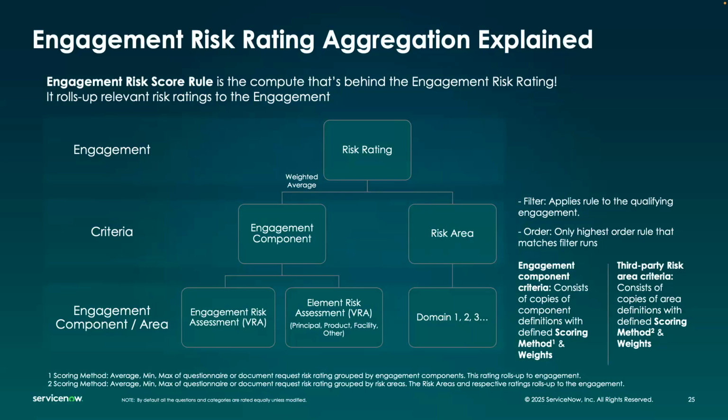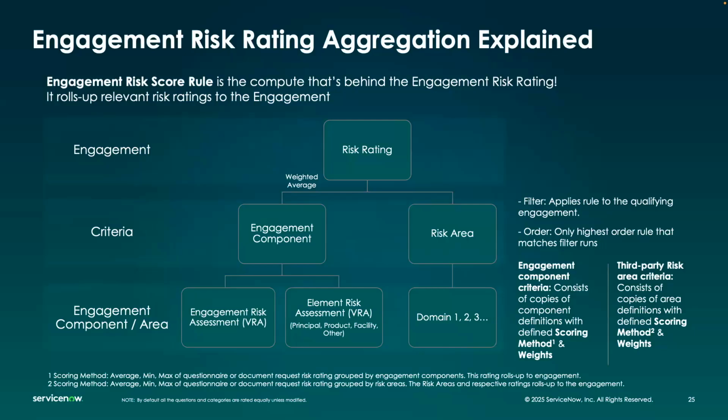These scores roll up into the overall engagement rating as a weighted average of the components applied by the engagement component criteria. Separately, questionnaires or document request ratings are also grouped and evaluated by risk areas using the same scoring method. These domain-specific insights also roll up to the engagement risk rating.